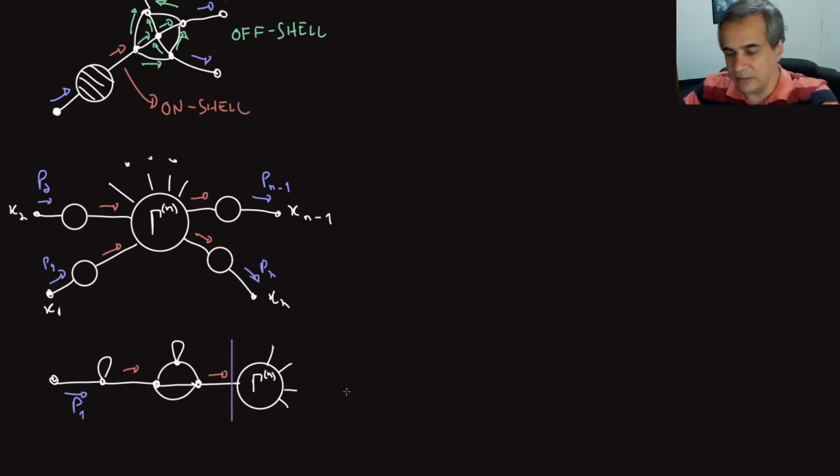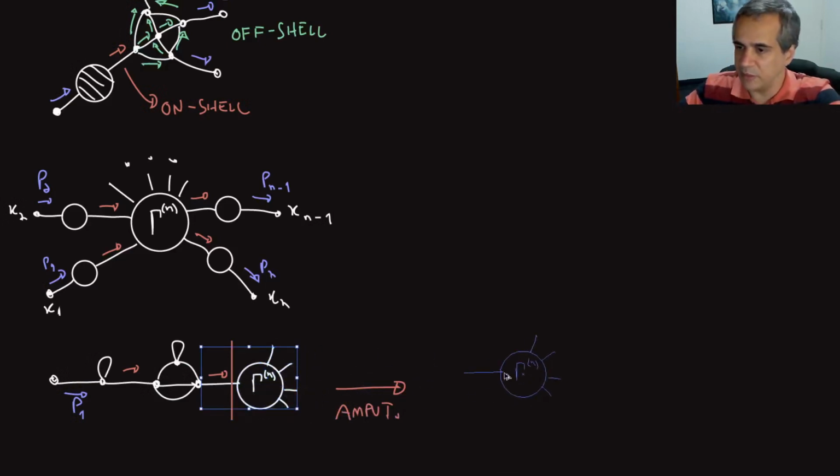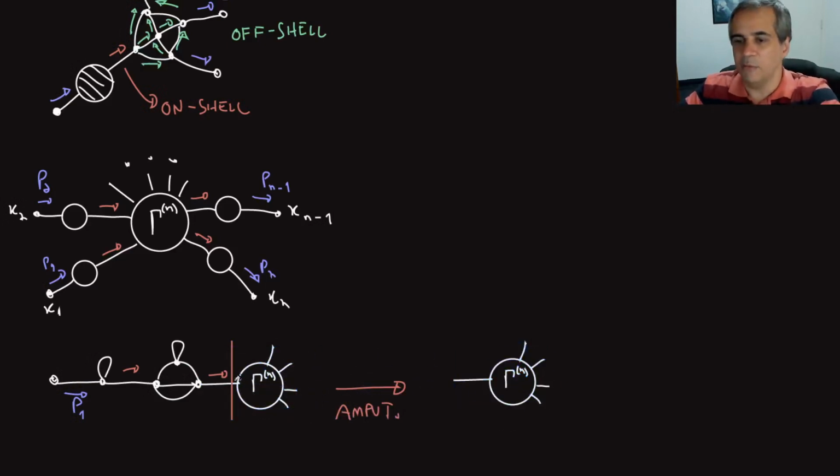And this is what I call an amputated diagram. It's just this piece, without this propagator. This is now an external leg and has momentum P1 going in. So essentially what I get is the 1PI n-point function, and I remove all the 1PI 2-point functions that are going in.